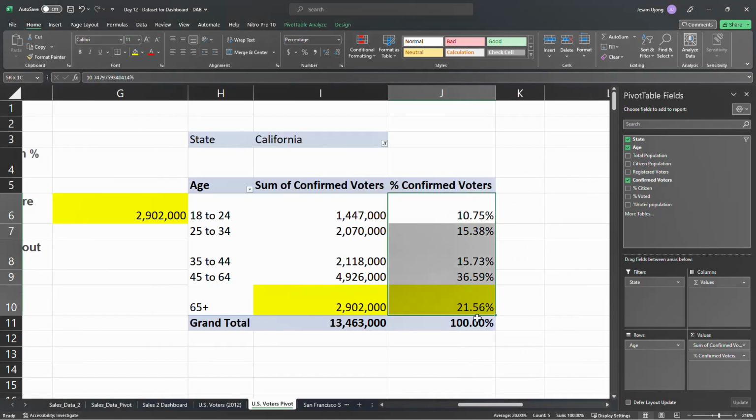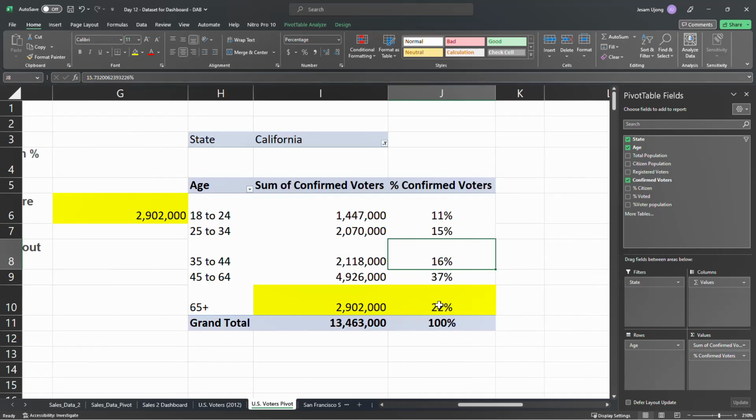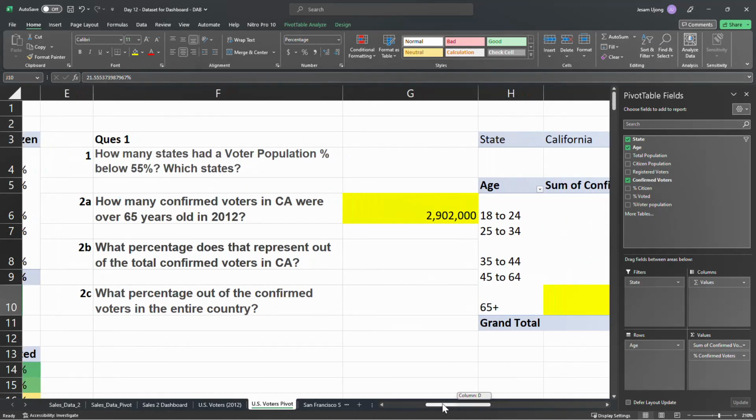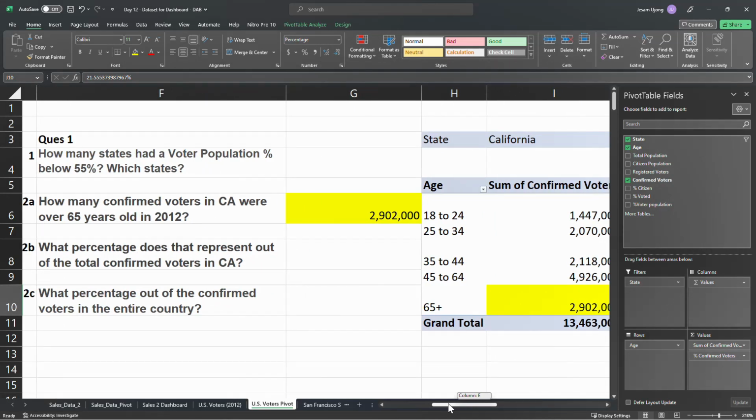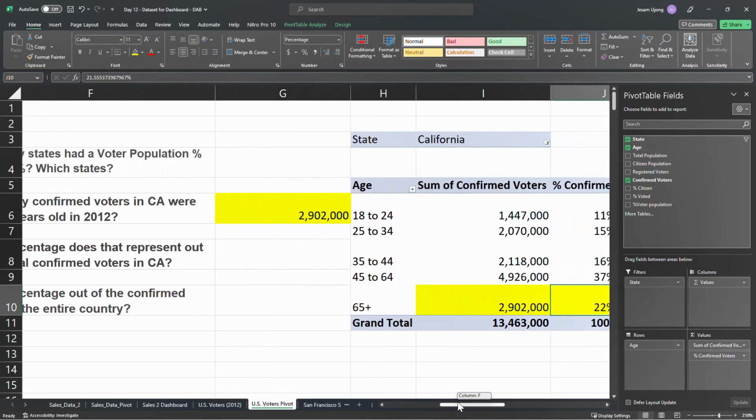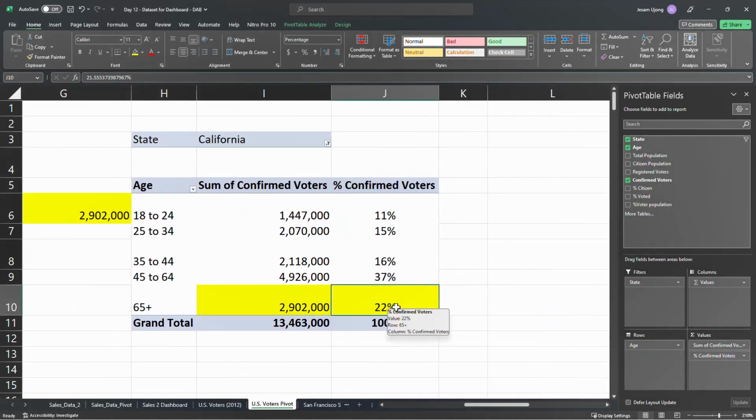Percentage of grand total. So you can minimize, reduce this, centralize. Here we see that 22% of those above 65 years were confirmed voters in California.